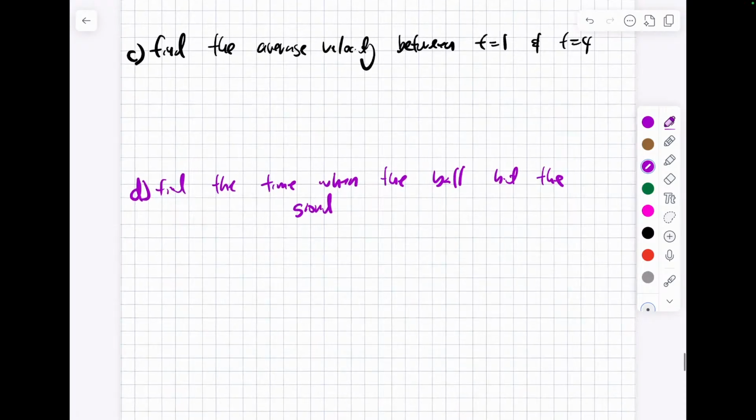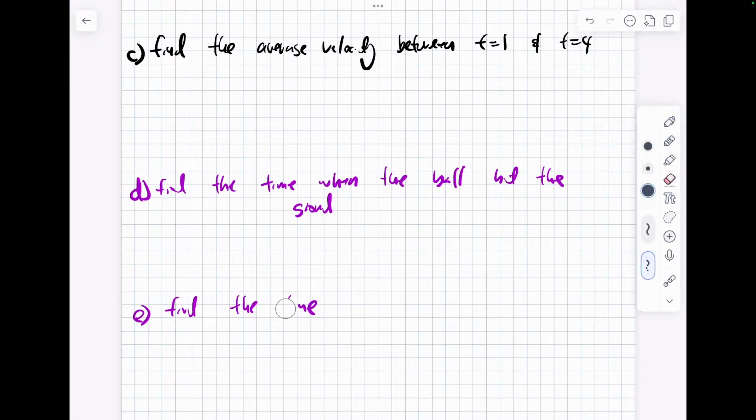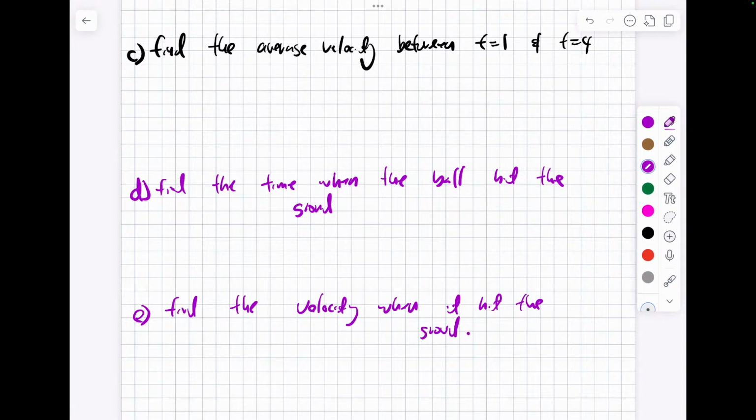And E is going to be find the velocity when it hit the ground. So there's two things: I want to find the time when it hit the ground, and the second thing is I want to find the velocity when it hit the ground.